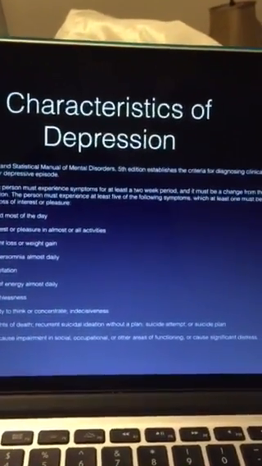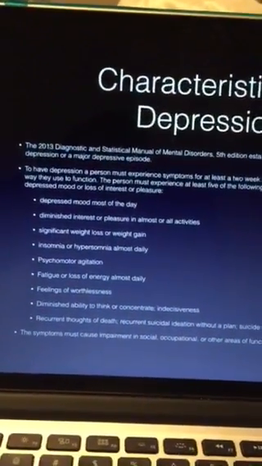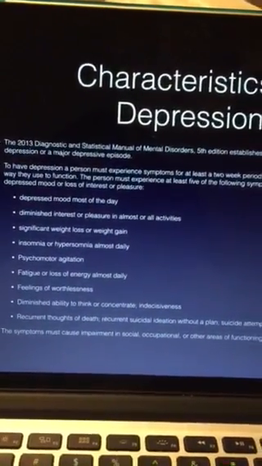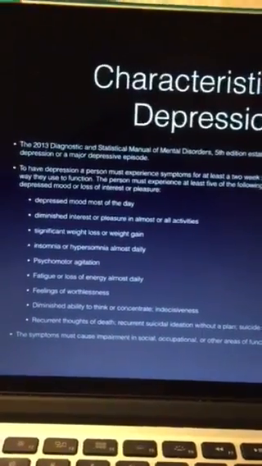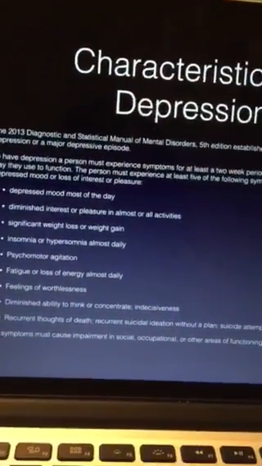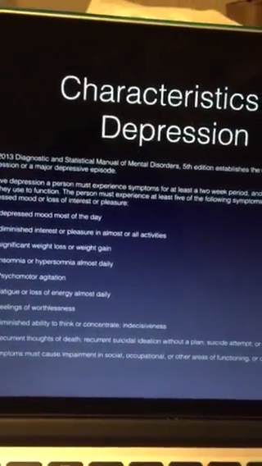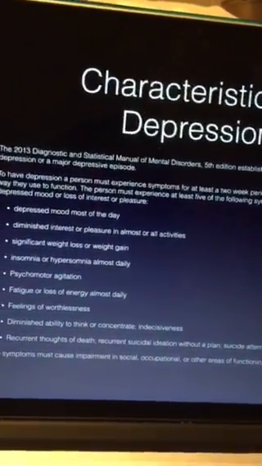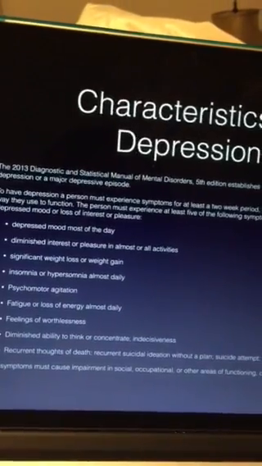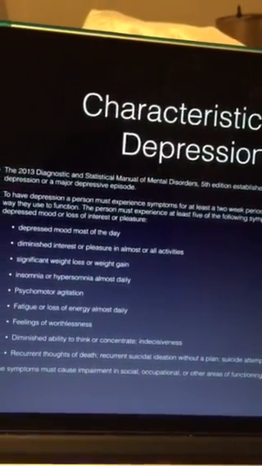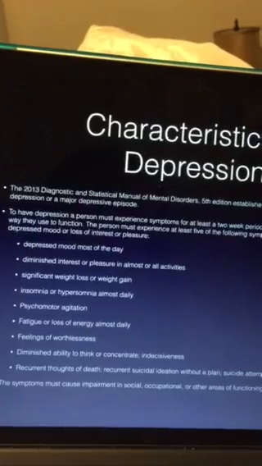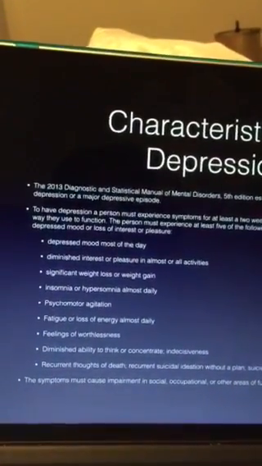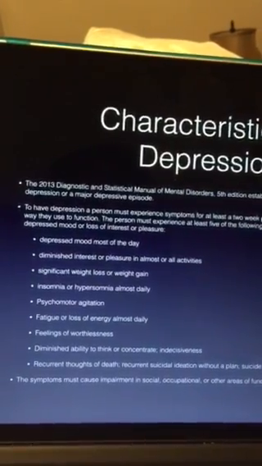First I want to talk to you about the characteristics of depression. According to the DSM-5, for a person to be depressed, they have to have at least 5 of the following symptoms: depressed mood most of the day, diminished interest or pleasure in almost all activities, significant weight loss, insomnia, psychomotor agitation, fatigue, feelings of worthlessness, diminished ability, recurrent thoughts of death or suicidal ideation.